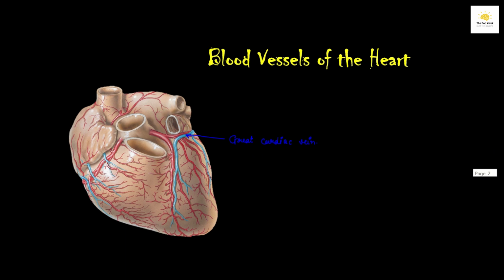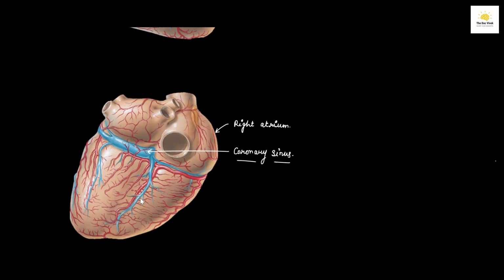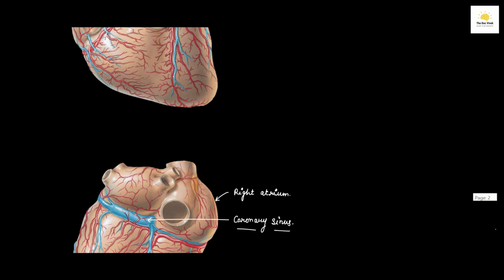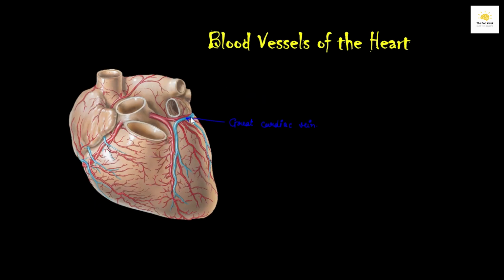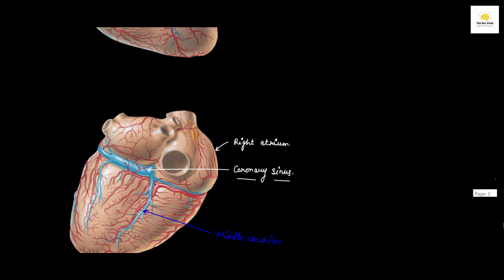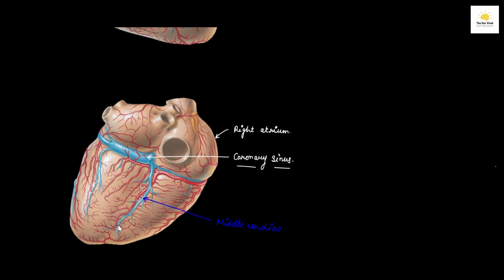Let's talk about the second cardiac vein, which is the second most major cardiac vein, we can say. This is the middle cardiac vein. As we can see, this is the posterior aspect of the heart and that was the anterior aspect of the heart. So the great cardiac vein is situated in the anterior interventricular sulcus, whereas the middle cardiac vein is situated on the posterior surface of the heart in the posterior interventricular sulcus.